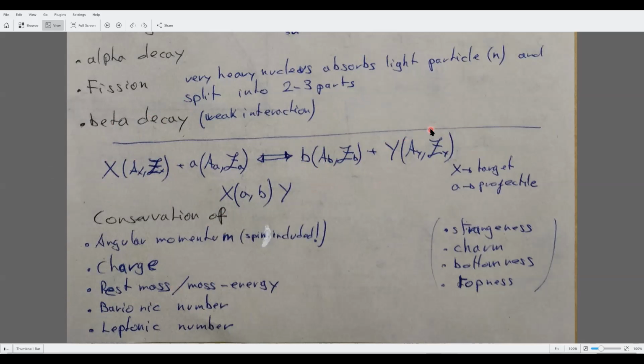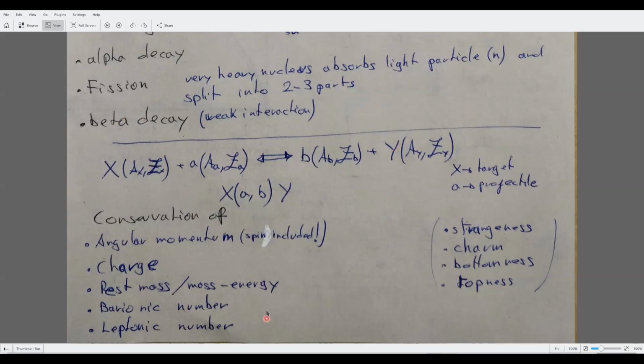On the other side we need to have two baryons again, not exactly separated, but the products have to have a total baryonic number of 2. The leptonic number is the same for leptons, so you consider the electron and neutrinos. The number of particles before and after should be conserved.